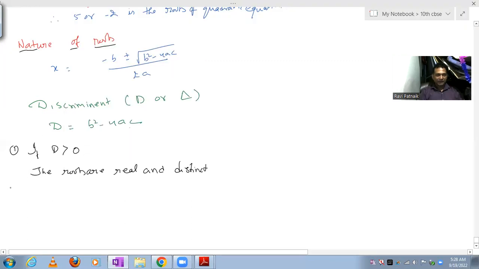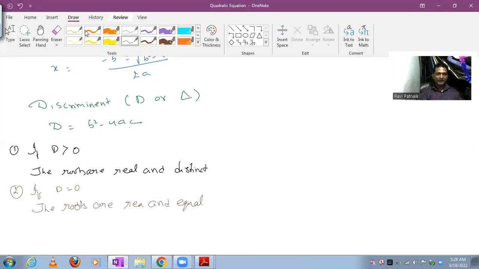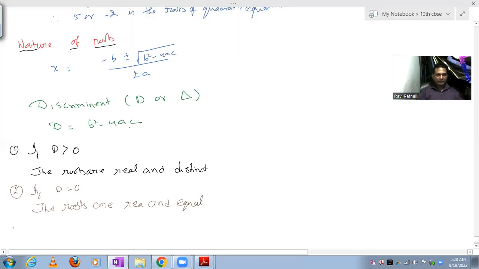Then second condition, if D is equal to 0, the roots are real and equal. And the third condition is if D is less than 0, there are no real roots. So this is about the nature of roots.